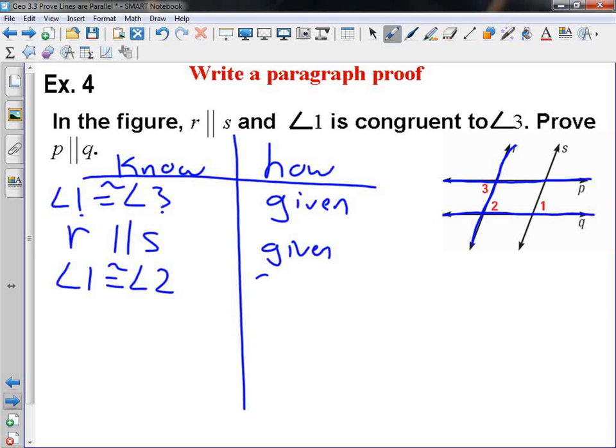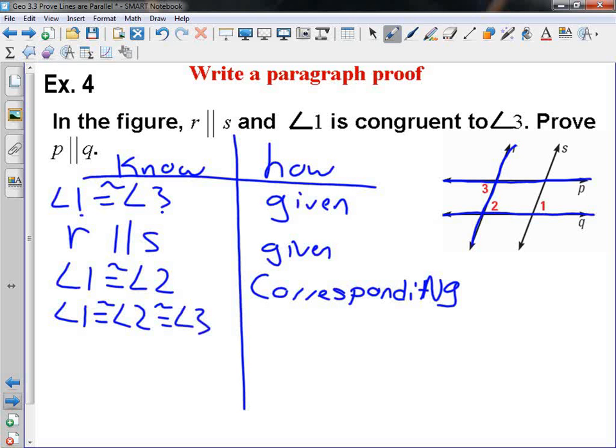So 1 is equal to 2, and 1 is equal to 3. Now I can say angle 1 is congruent to angle 2, which is congruent to angle 3.